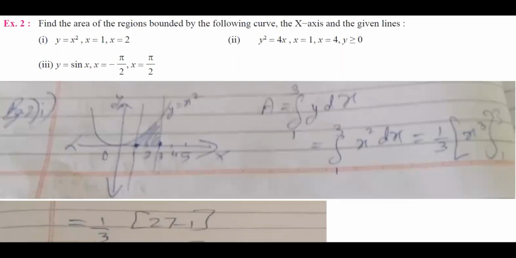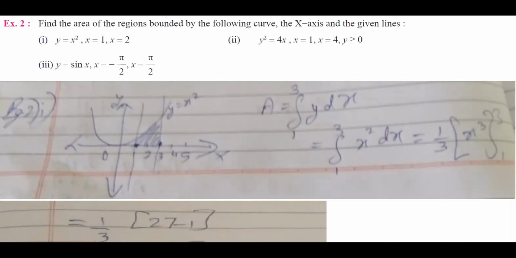Then the integration of 8 is 8x, and the integration of x is x square by 2, and you applied the limit from 2 to 4. You substitute the upper limit in place of x, and then minus, substitute the lower limit, which is 2. Then you have solved this, and finally you got 5 square units as the final answer. This is the perfectly correct answer.